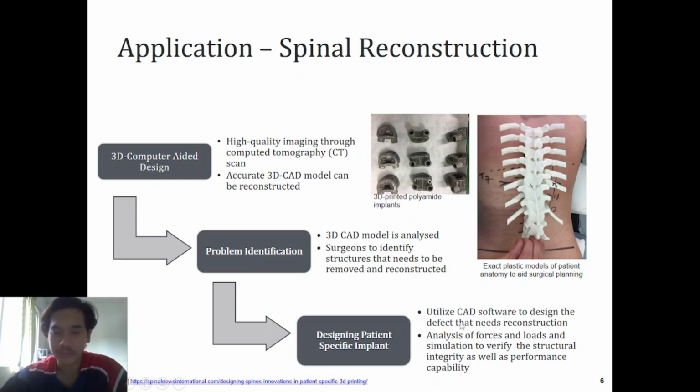And then they utilize CAD software to design the defects that need reconstruction, and then they analyze forces and loads and simulation, so that it fits the spine correctly.